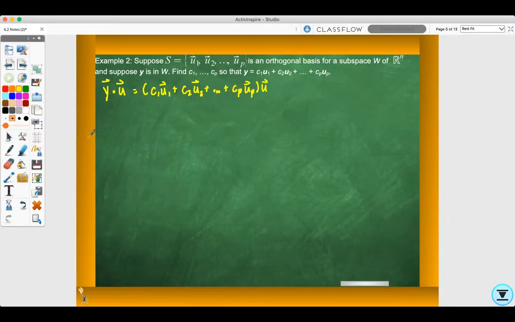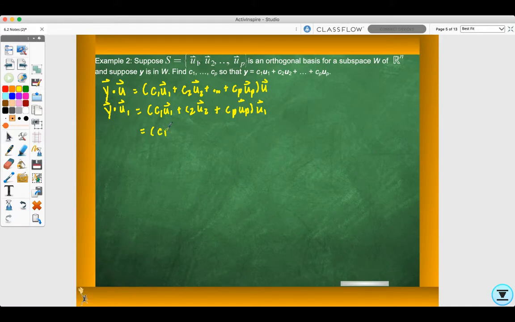So that would be what that would be. And then I could show y dot u1, and that would be c1 times u1 plus c2 times u2 plus cp times up, times vector u1.